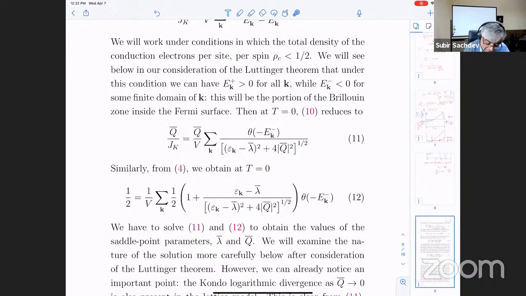As QBar goes to 0, you can now convert the summation over K to an integral over the density of states.